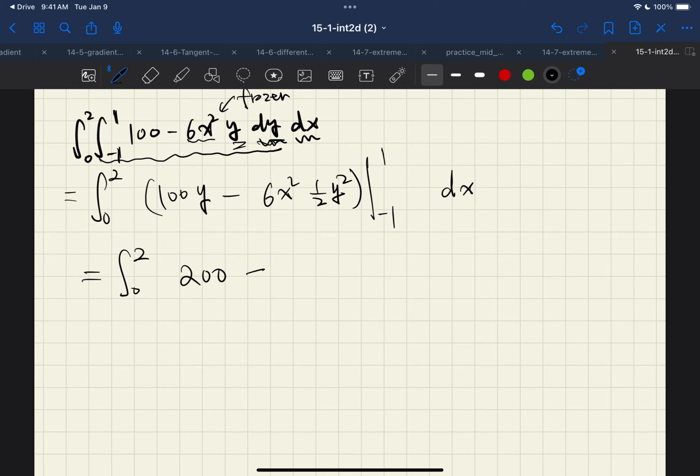Now, the minus sign comes from here. And this part is 3x squared y squared. Y squared has to be plugged in with 1 and -1.